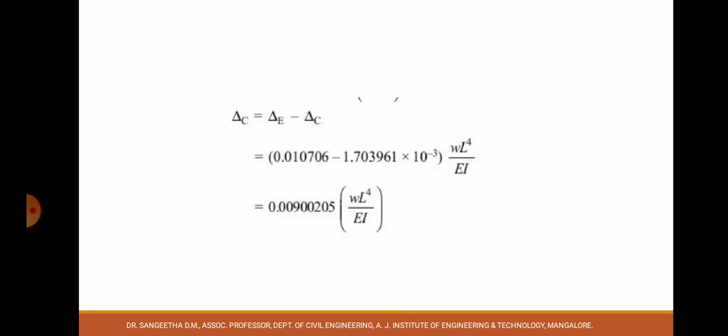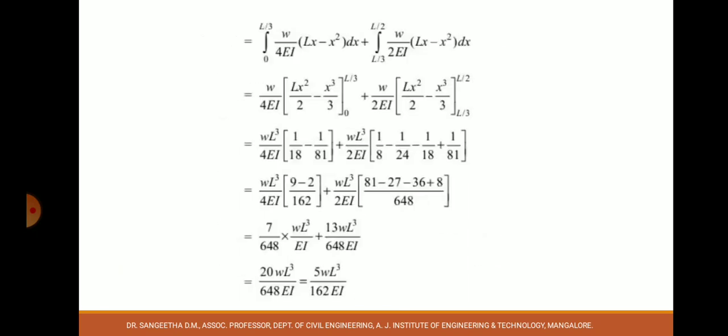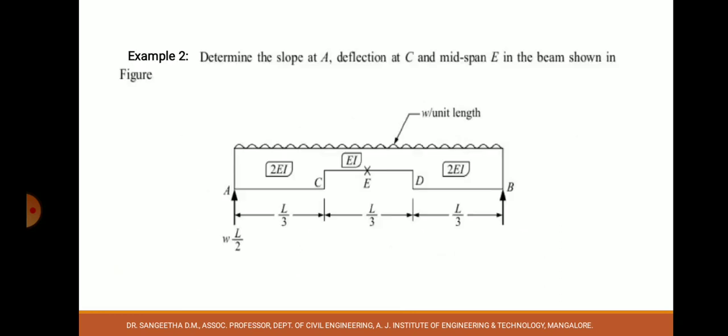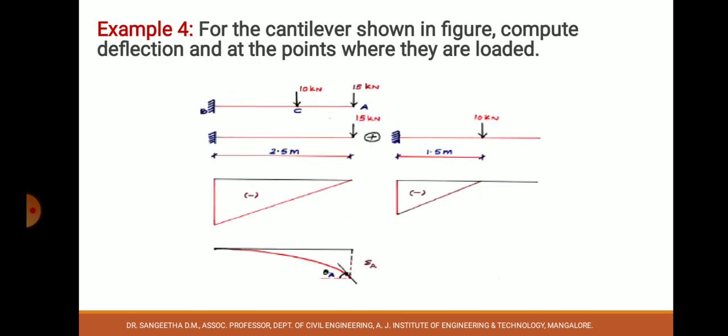We'll just go back and recollect the things we have studied. We solved two problems. One is the cantilever beam with two point loads. Whenever multiple loads are there, you have to draw the M by EI diagram for each of the loads separately, and for the calculation of deflection and rotation, the contribution of rotation and deflection from each load has to be added together.